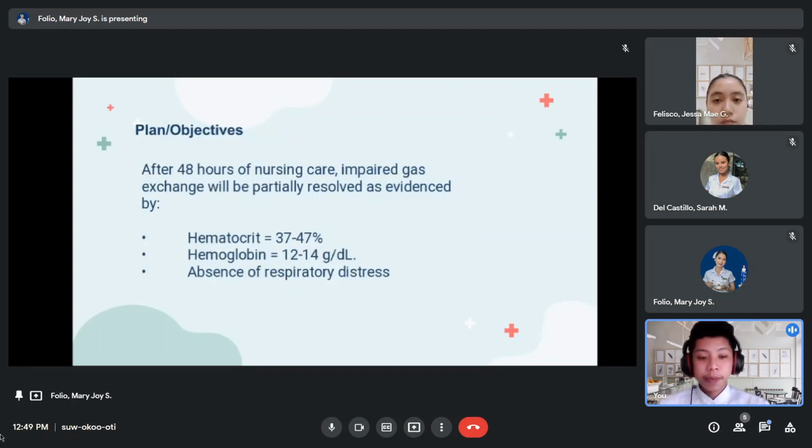Our plan and objectives for the baby after 48 hours of nursing care: impaired gas exchange will be partially resolved as evidenced by hematocrit count back within 37 to 47%, hemoglobin count back within 12 to 14 grams per deciliter, and absence of respiratory distress. Okay, so next slide, please.